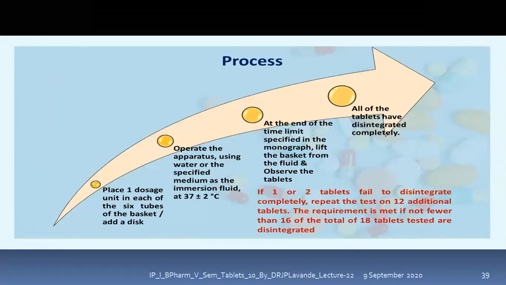We saw the process that is to be carried out for disintegration, and suppose in the first case the disintegration fails, then we have to go for an additional 12 tablets. So out of 12 plus 6, that is 18 tablets, we have to correlate our results. That means out of 18, if 16 disintegrate, it will pass the test for disintegration.